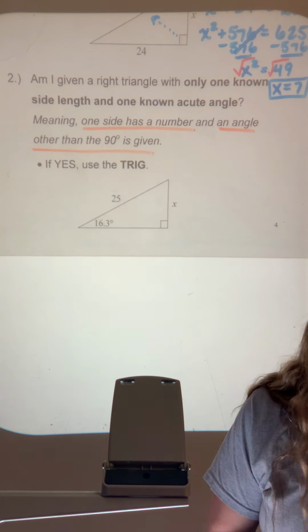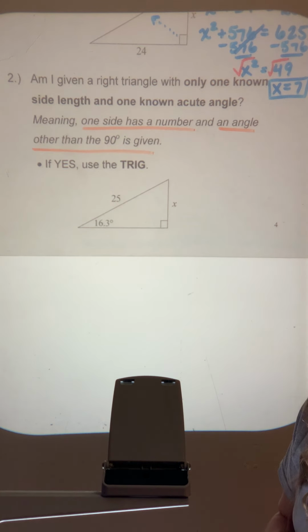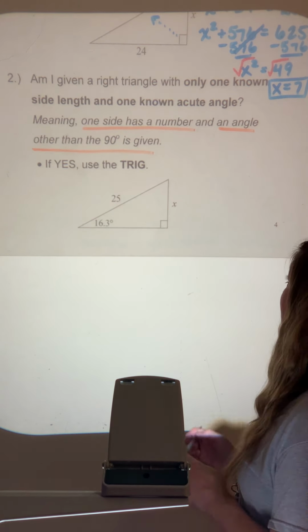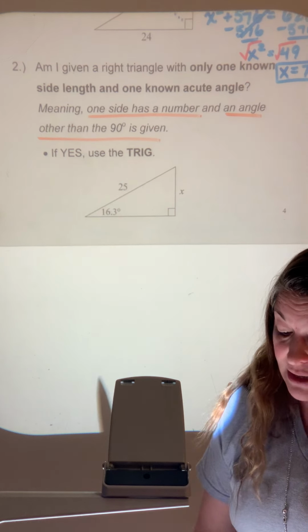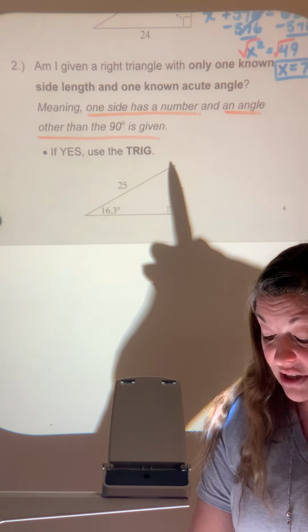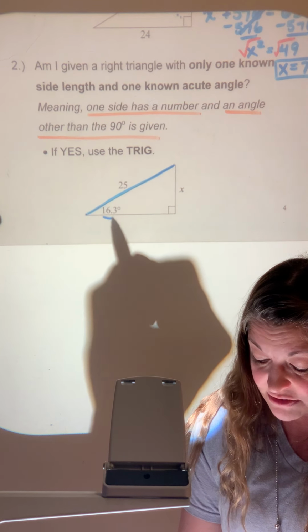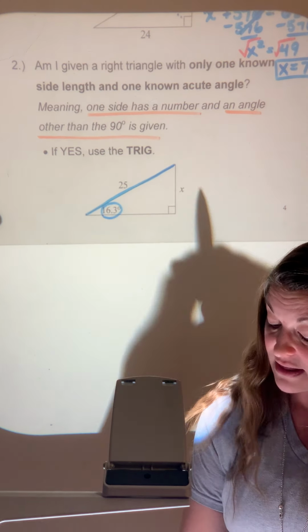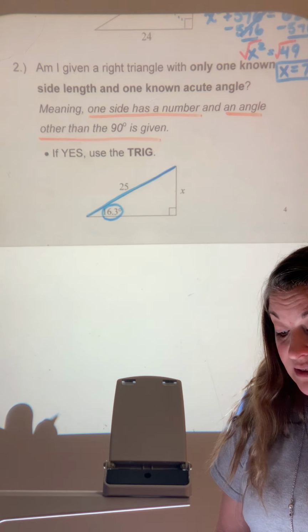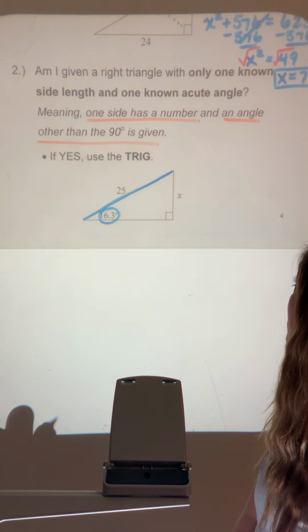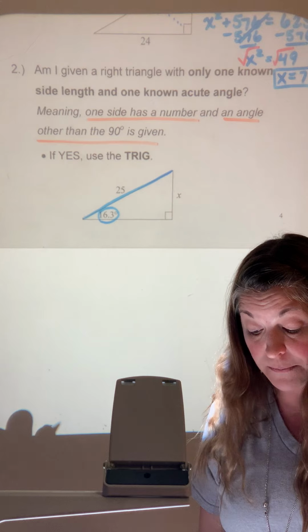If that's the case, then we're using the trig. So if you take a look at this problem here, again, here's that 1 number given for that side length, and then here is that angle. This is the side I want to find. If this is the case, then I know I have to use trig.